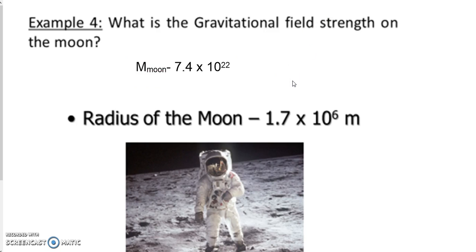So again, we're just using G times M over R squared. So let me click this one in. So my setup, we have G, we have mass of the moon over R squared.